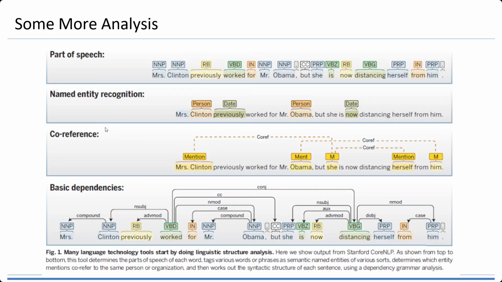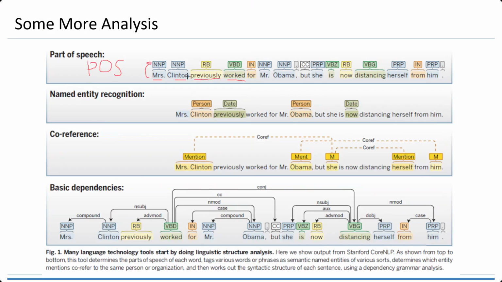There are many more, okay, for syntax analysis. We call this part of speech, or they call it POS. Whenever you have a word like this one, they will put it into one kind of tag.